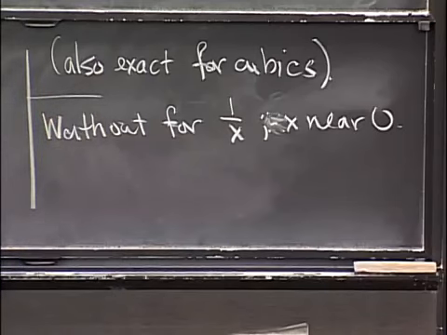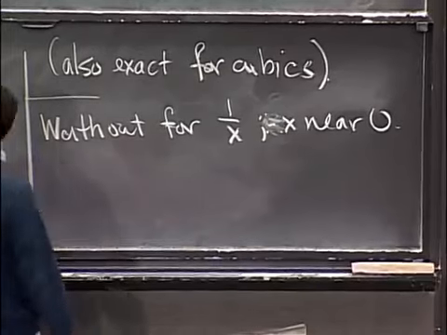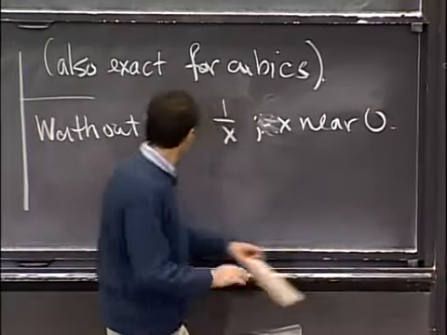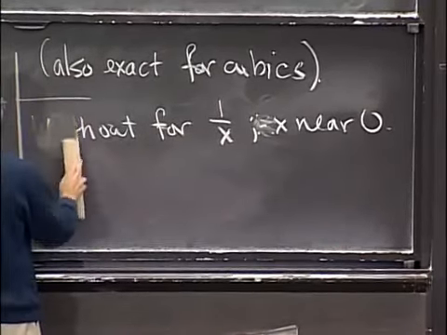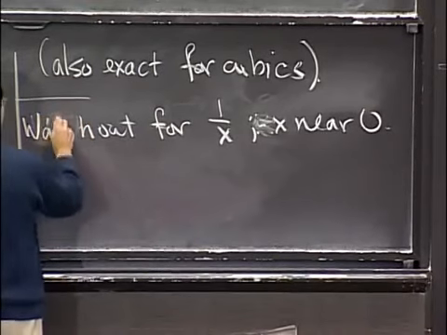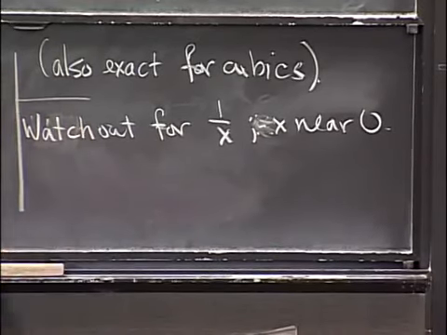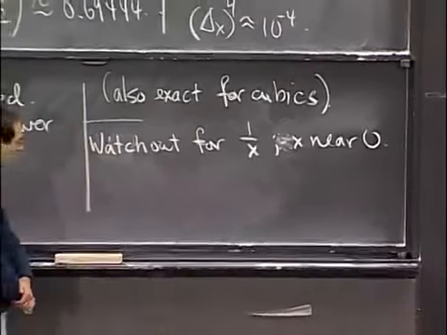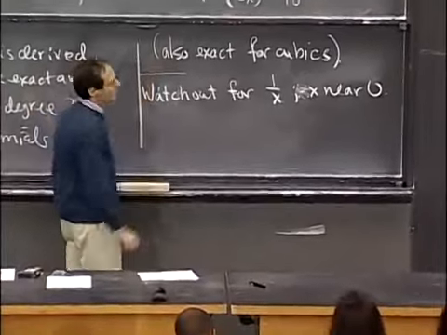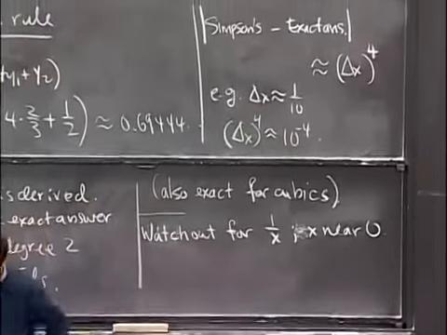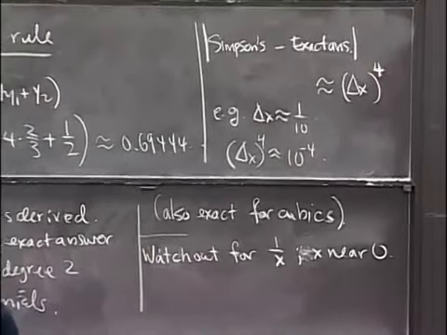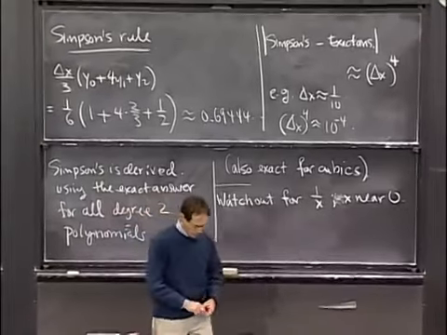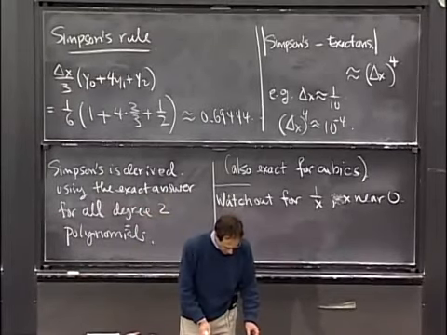You really need the function to be nice and smooth in order for Simpson's rule to work. Watch out whenever x is near 0. Then this thing doesn't work. This really depends on bounds on derivatives. But I'm going to be relatively vague about that. I'm not attempting to give you an error analysis here.